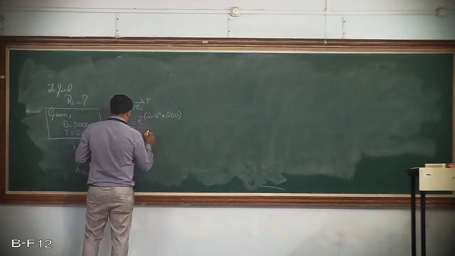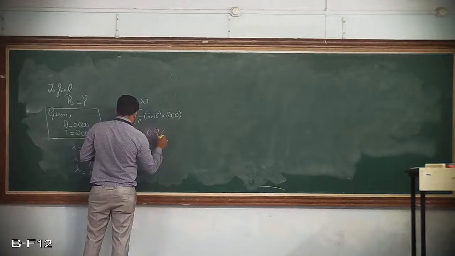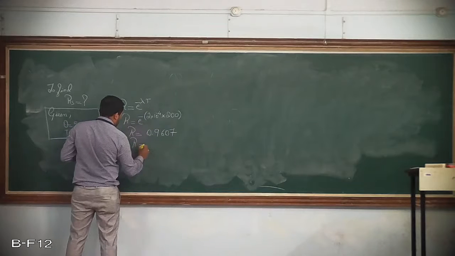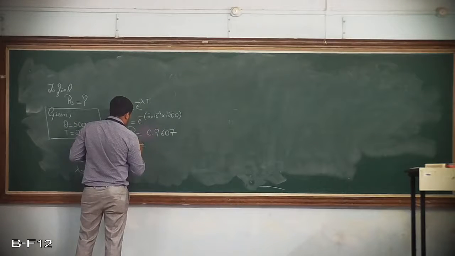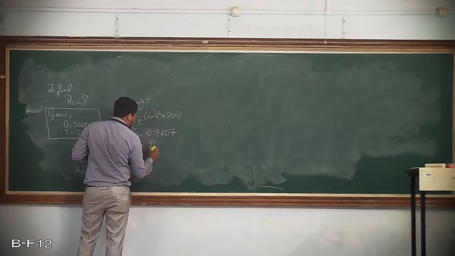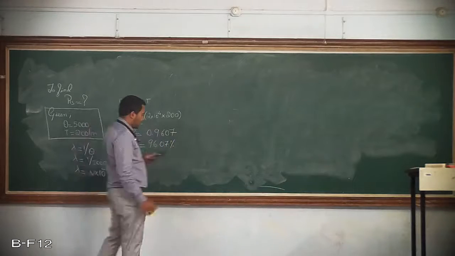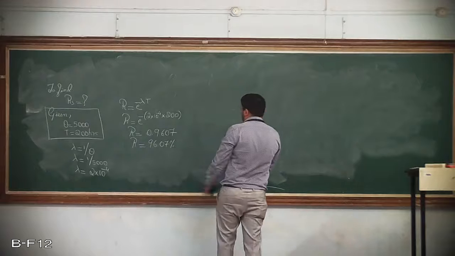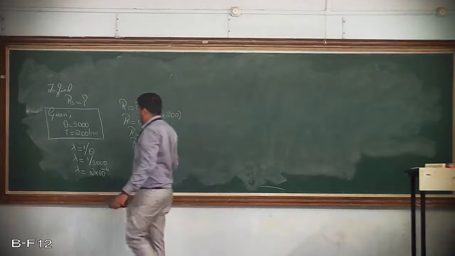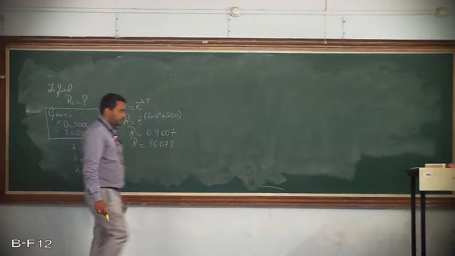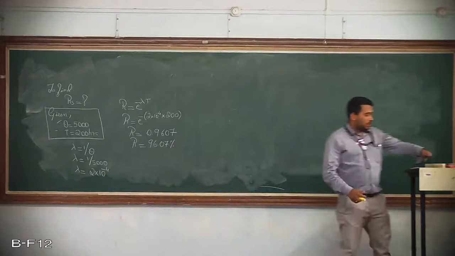So it will come as 0.9607. So if you are going to present in the form of percentage, it is 96.07 percentage. So that means in the given problem, the product is 96.07 percentage reliable with the given specified data.